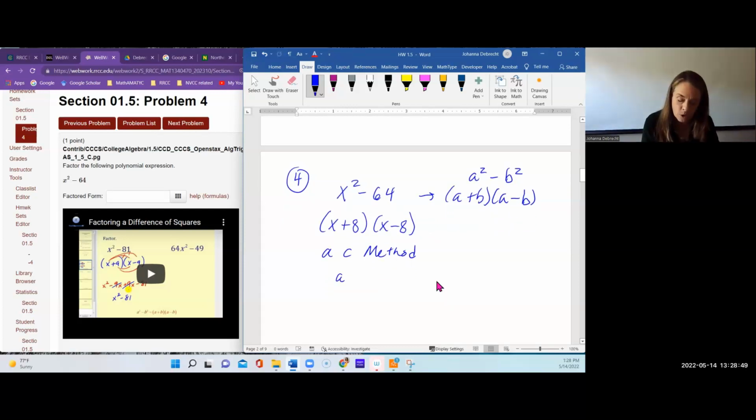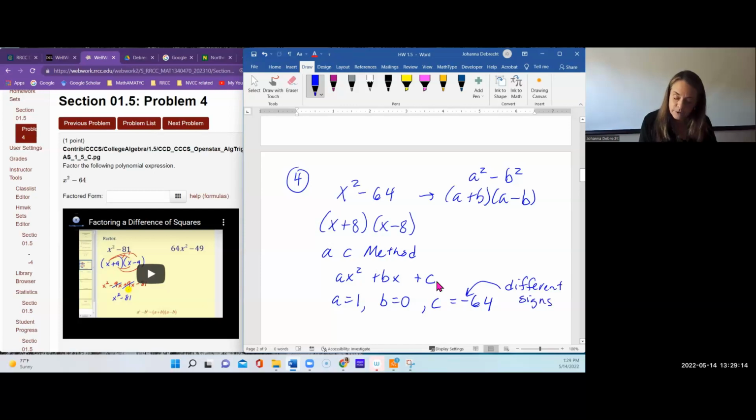Again, we're looking for ax squared plus bx plus c. A here is 1, b is 0 because I don't have an x term, and the constant is a negative 64. The negative right here tells me I'm looking for a difference, and I have different signs.